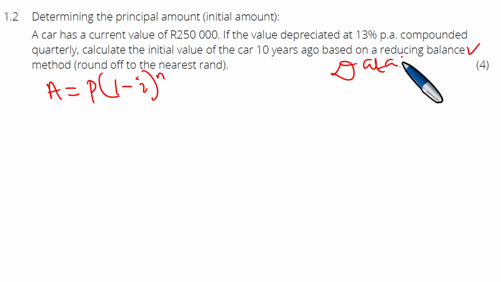But we note our data. A car has a current value of this one, and if the value depreciated at 13% per annum compounded quarterly, calculate the value of the car 10 years ago. Obviously we want to know the value of the car exactly 10 years ago, so we want to determine the principal.